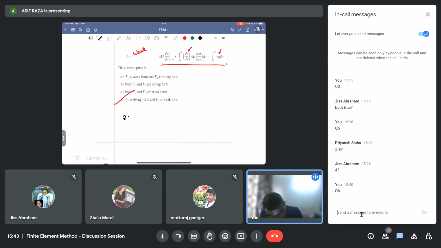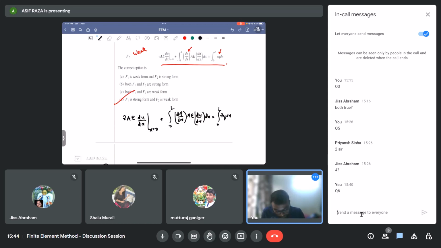So we have the equation as, this is my boundary condition given, integral 0 to L of d nu by dx, AE du by dx, dx.